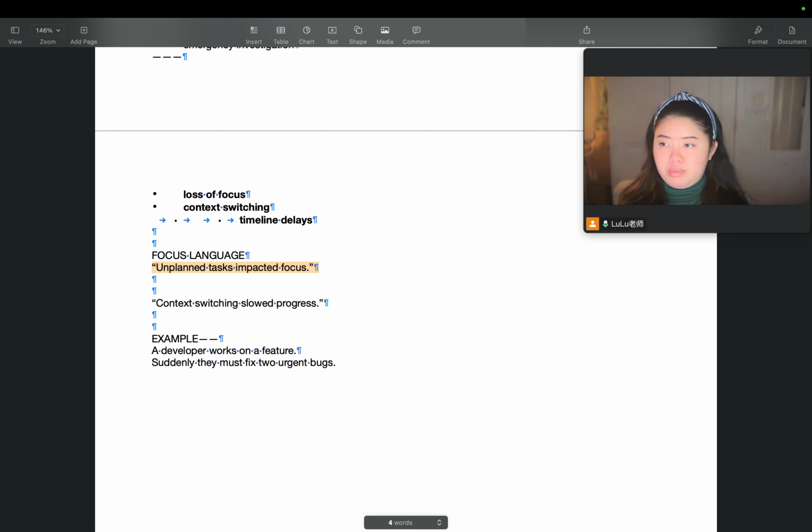Good. Let's try number 2. A manager asks for a certain data analysis request. How would you explain this impact professionally? Well, I think you can first establish.